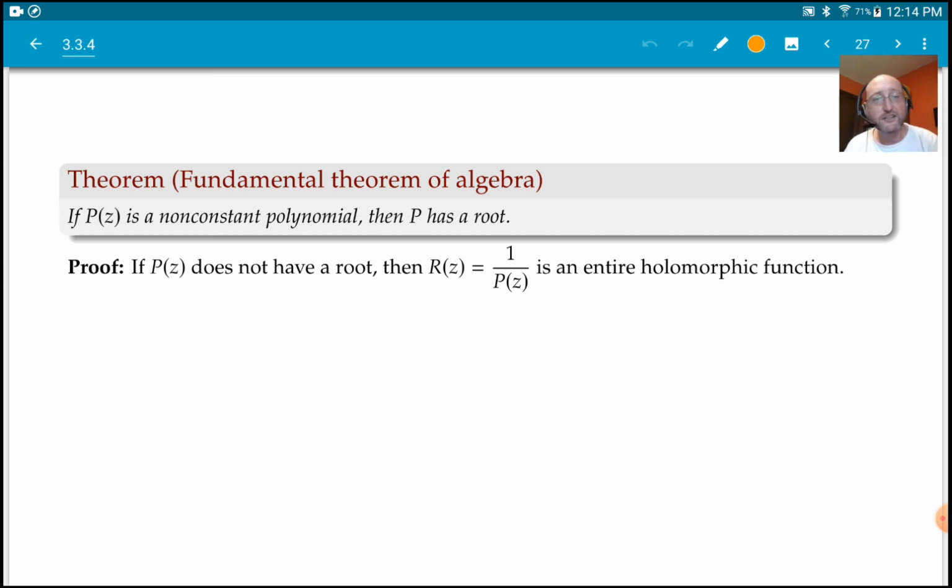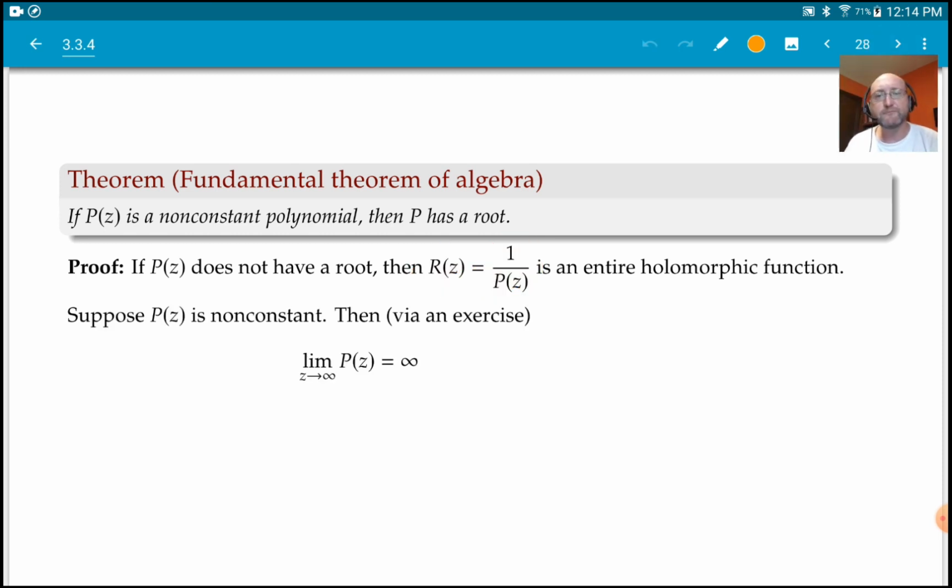So let's suppose that it does not have a root. If it doesn't have a root, I can divide by it. So I have, let's call it capital R, which is 1 over P. And this is going to be an entire holomorphic function, because it's defined at every z and it's clearly holomorphic.